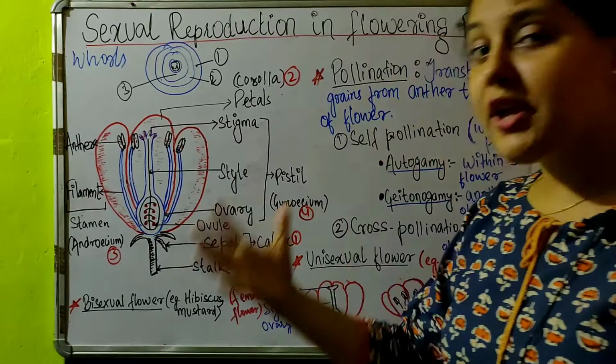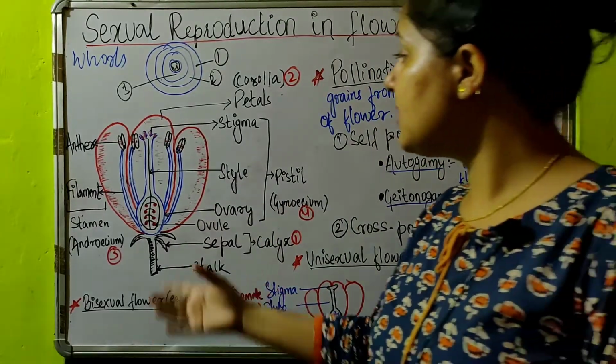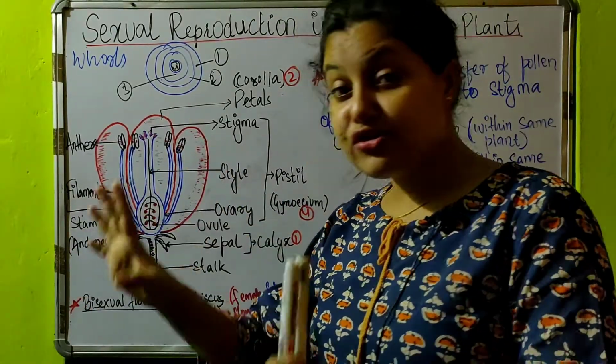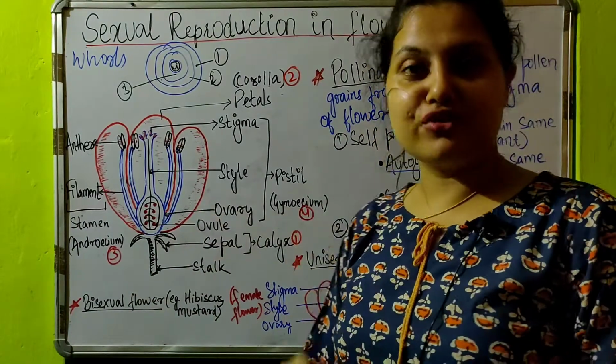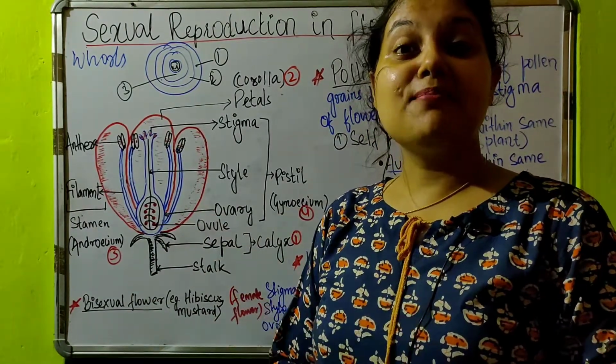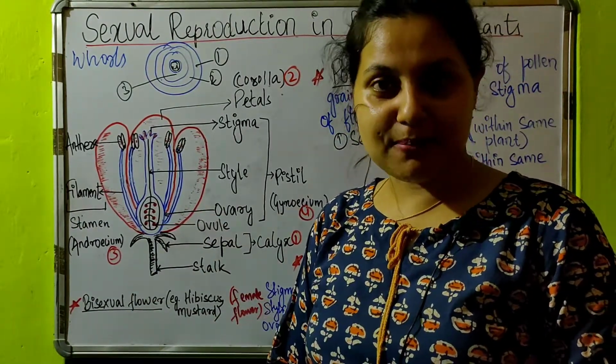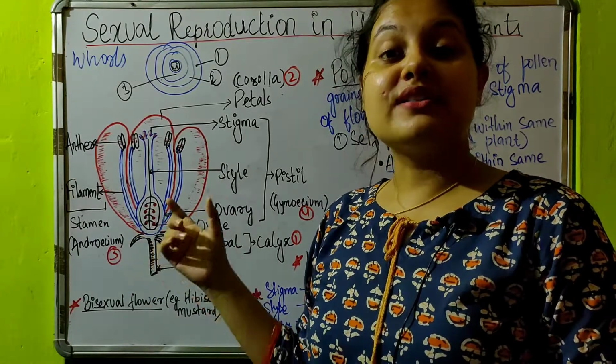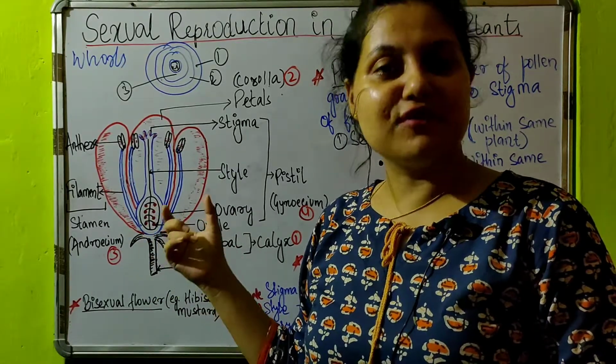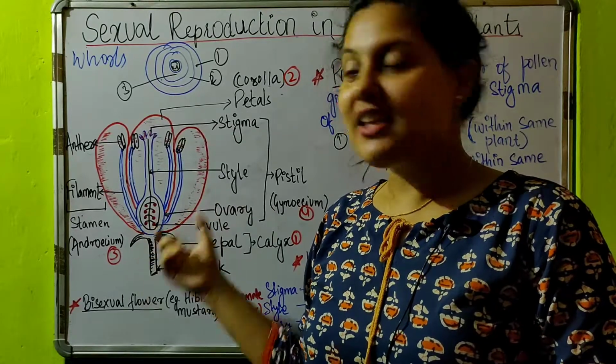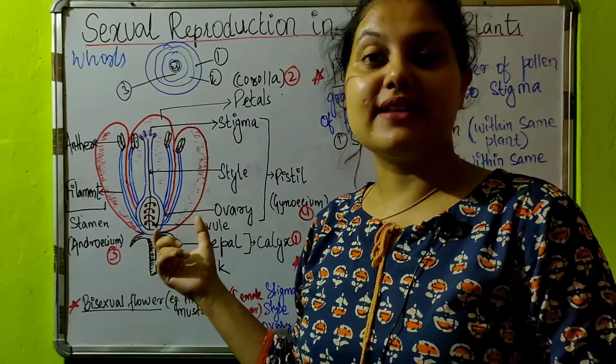Why bisexual? Because it contains both androecium as well as gynoecium. Androecium is the male part and gynoecium is the female part. Since this flower contains both the male as well as the female part, it is known as a bisexual flower.